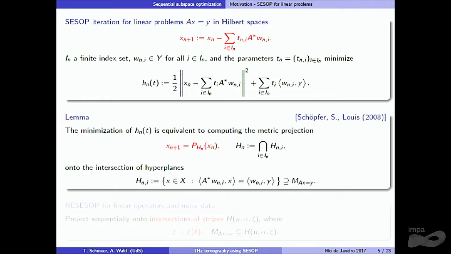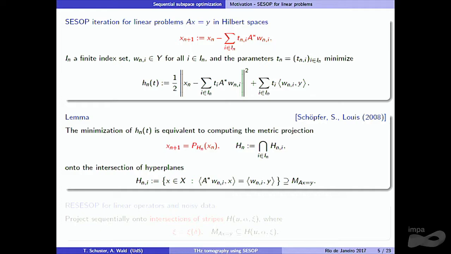Now, the answer is the following. If we minimize h_n of t to get the step sizes t_n,i, we just compute in each step a metric projection of the old iterate, x_n, to an intersection of finitely many hyperplanes, H_n,i, where H_n,i is just the hyperplane with a normal vector equal to the search direction.